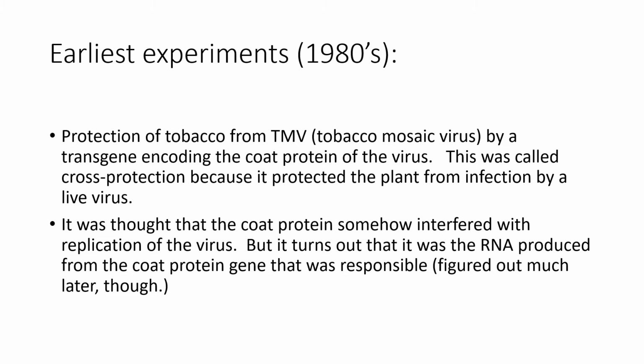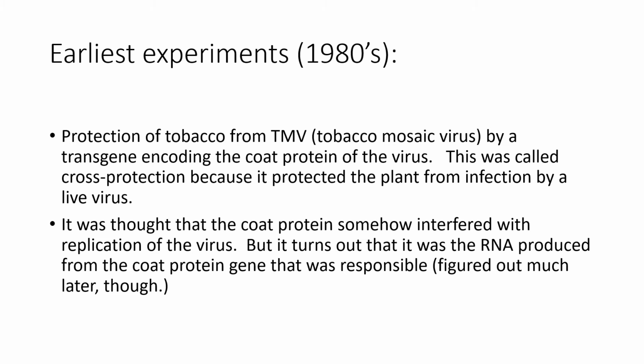In cross protection, a weakened form or wimpy form of the virus was used to infect plants, and somehow its pre-exposure of the plants to this limited virus protected it in some manner from later infection by a more virulent form of the virus.